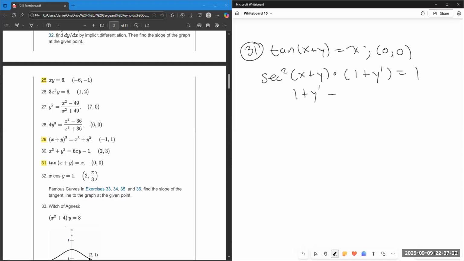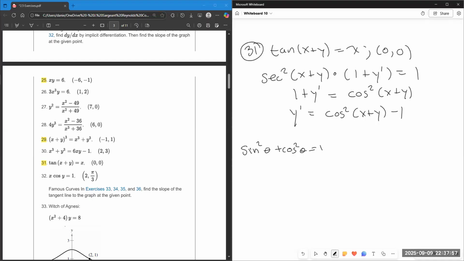So y prime will be equal to cosine squared of x plus y minus 1. Remember that sine squared theta plus cosine squared theta equals 1.